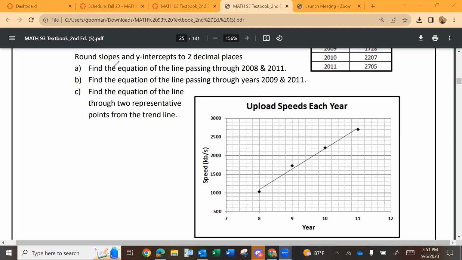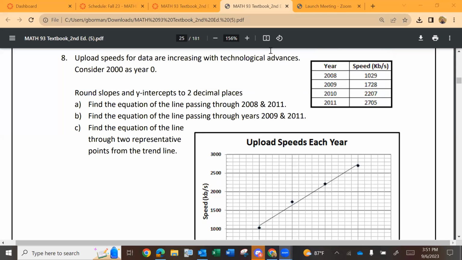Find the equation of the line passing through it. Now, if they had not given us this information up here in the input-output table, the T-chart, then we would have to just estimate what point is that and what point is that? But they tell us exactly what they are, which is really helpful.